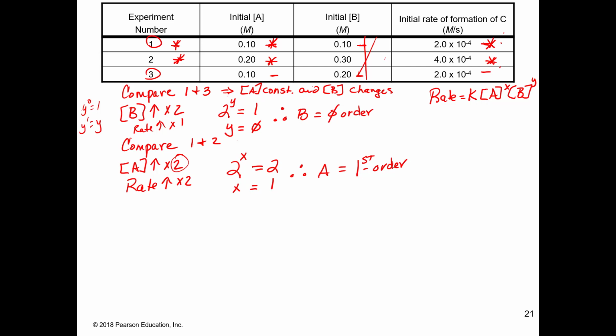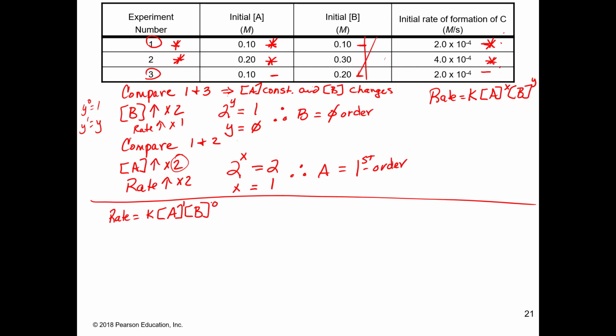So I'm going to rewrite this as the rate equals K times A to the first times B to the 0. And I really don't have to write that B to the 0 because that's times 1. So it's really K times A, because A to the first power is A. With me?